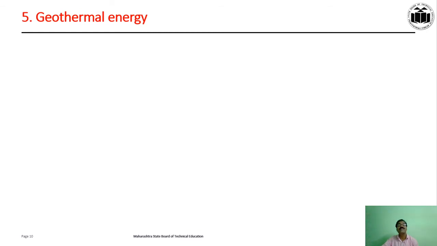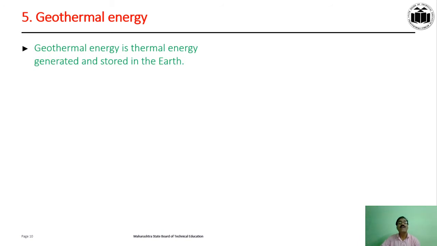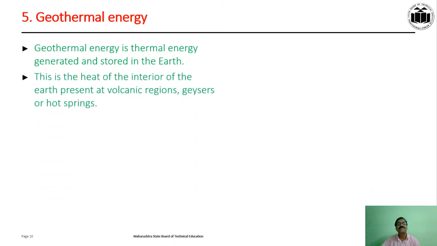Geothermal energy. This is the interesting one. Geothermal energy is thermal energy generated and stored in the earth. This is the heat of the interior of the earth present at a volcanic region, geyser or hot spring. What are the uses of geothermal energy?